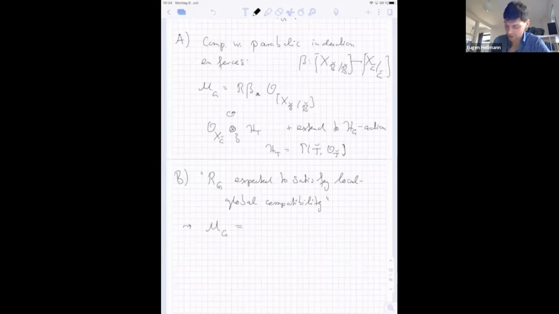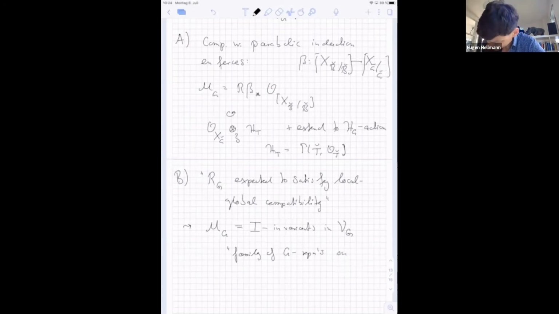Namely, MG should be, well, okay, I consider it as a Hecke module, so these are the Iwahori invariants in a certain representation V_G, and this is the family of G representations on my space X_G check, or on the stack quotient, which is interpolating the modified local Langlands correspondence that I introduced before.